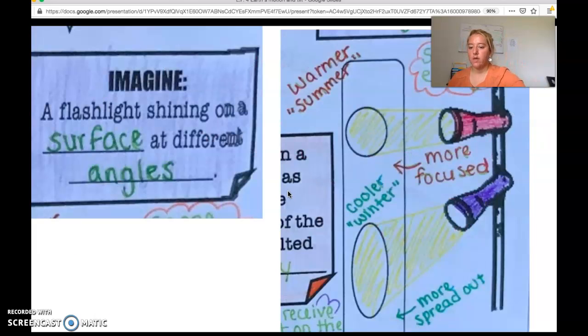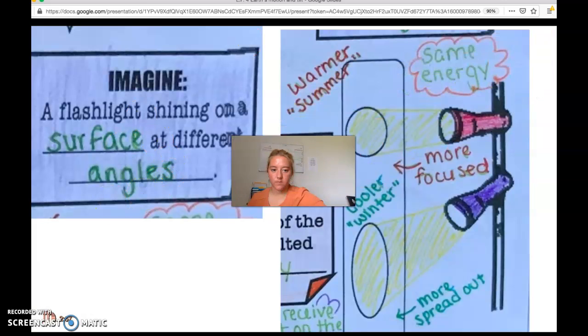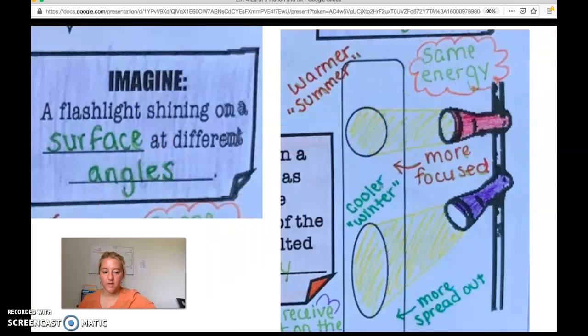All right. Imagine, if you will, a flashlight shining on the surface of the Earth at different angles. Okay, so let's think about a flashlight here. If you have one, you can try this out. If I'm shining a flashlight directly at something, we have a more focused area of light.